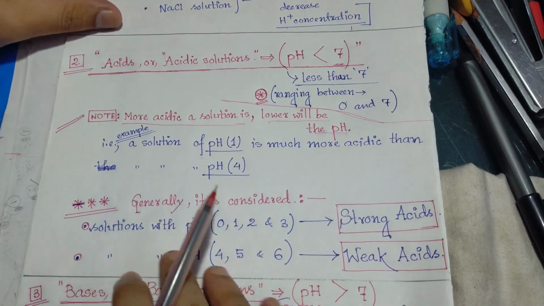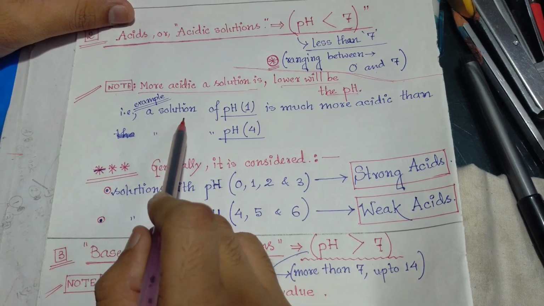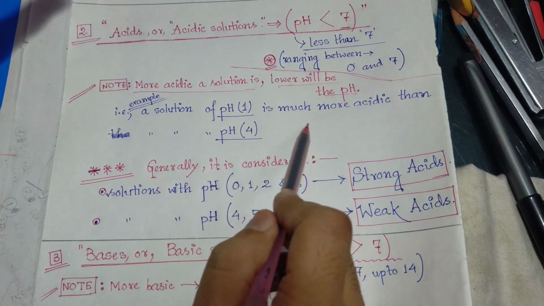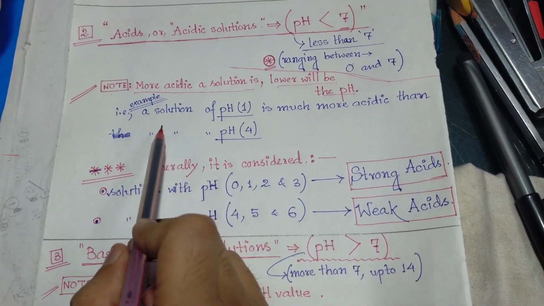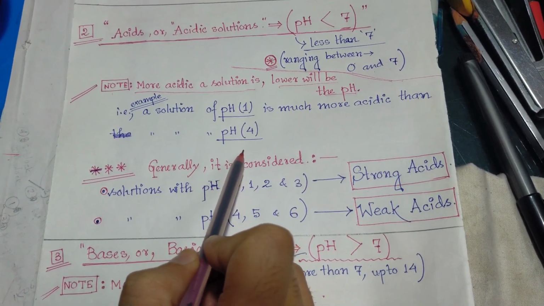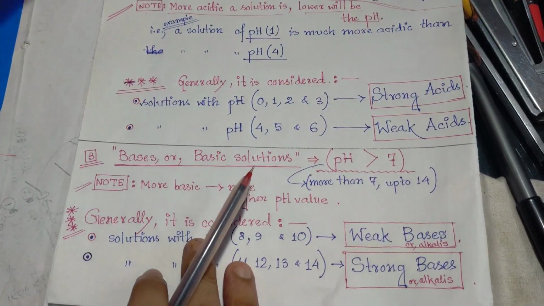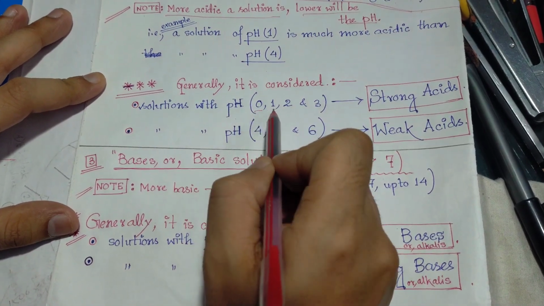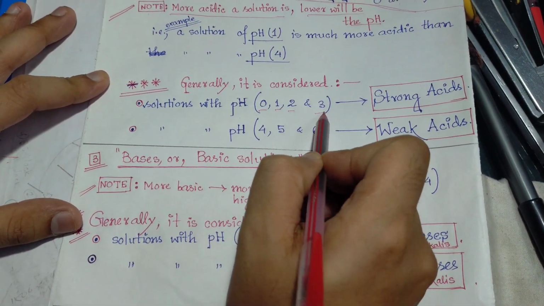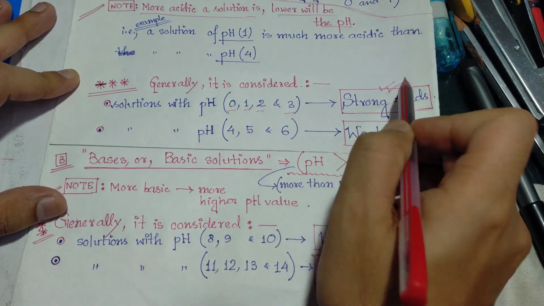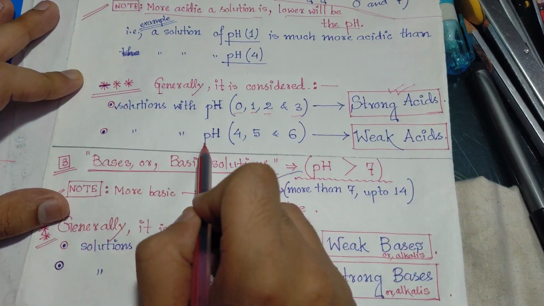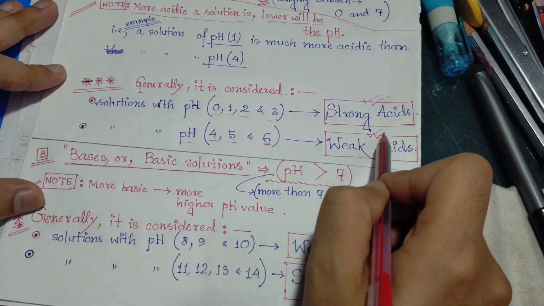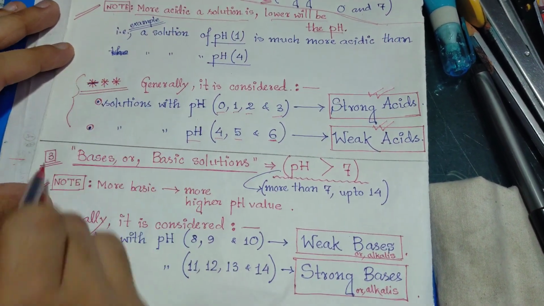For example, a solution of pH 1 is more acidic than a solution of pH 4. Generally, solutions with pH values 0, 1, 2 and 3 are considered strong acids, and solutions with pH values 4, 5 and 6 are considered weak acids. It is very important students.